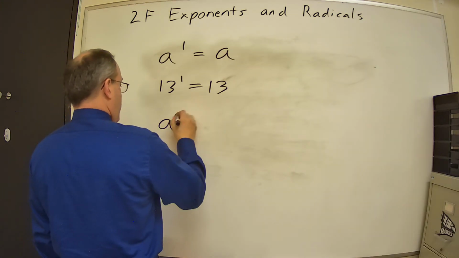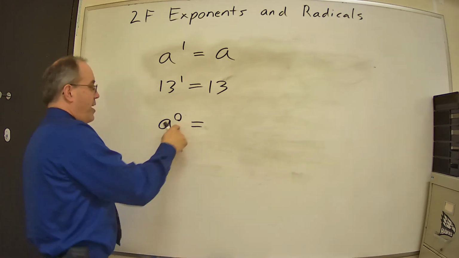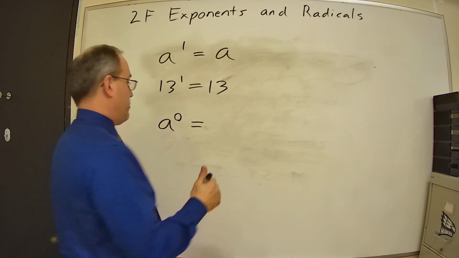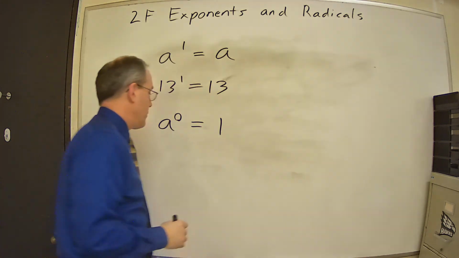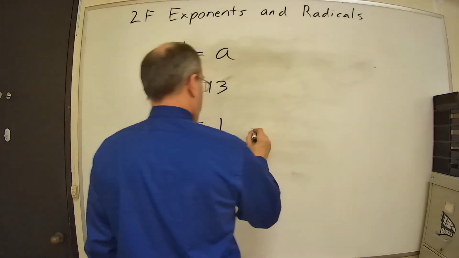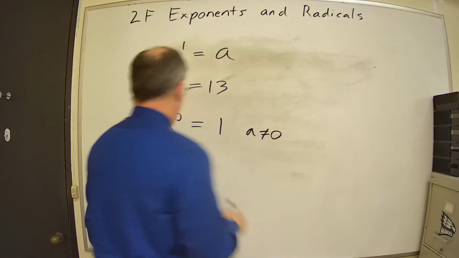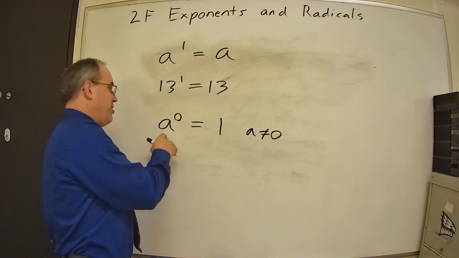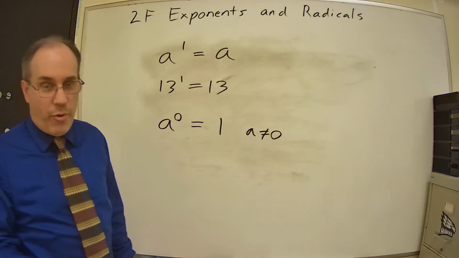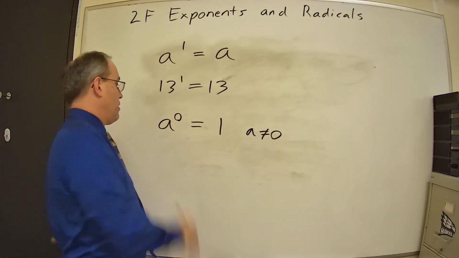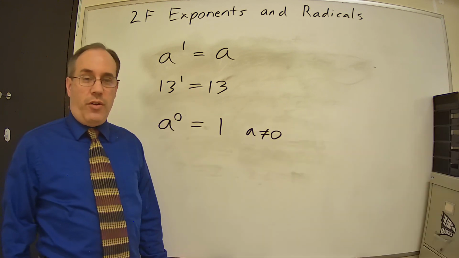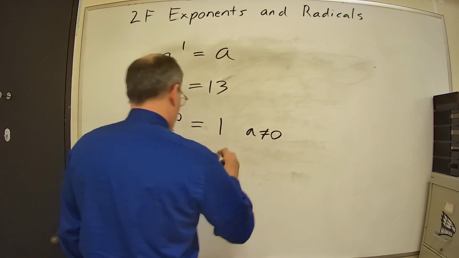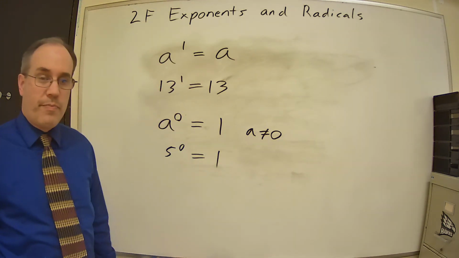Another thing is, any number raised to the 0th power is 1, as long as that number is not equal to 0. Okay, we'll get to that in just a moment. But you take any number and raise it to the 0th power, then you're going to get 1 as the result. So 5 to the 0 is 1.